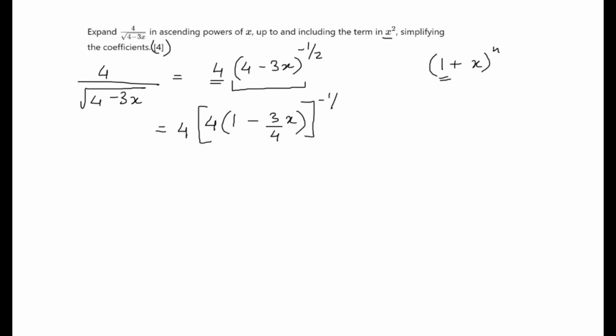This is a super important step. Please understand it and learn it up. Now what you want to do is keep this 4 as it is, and the minus half power has to be applied to the 4. So 4 to the power of minus half, and it has to be applied to the binomial expression as well.